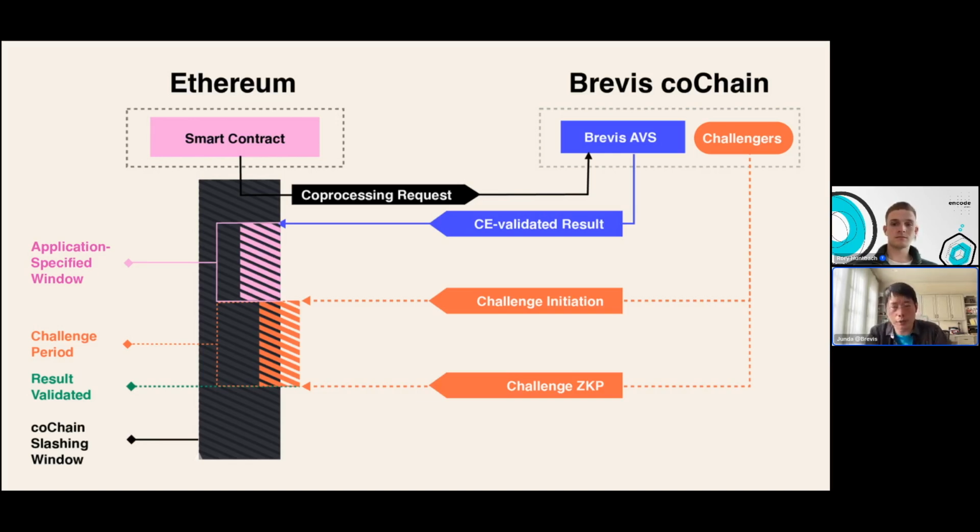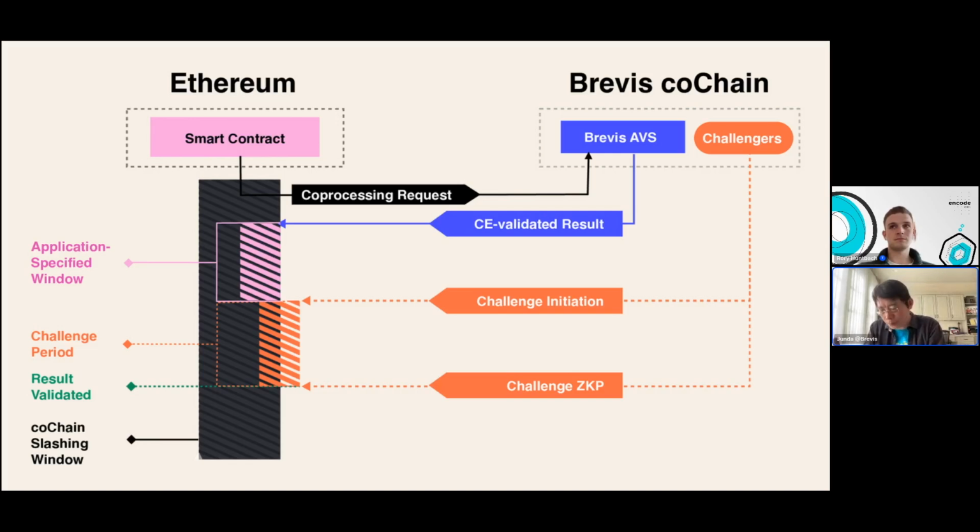As I mentioned earlier, this window is dApp-adjustable. Say you are giving different users a different NFT based on their number of transactions. It's up to the developer to decide how bad it is if I get it wrong. If I'm just giving one more NFT, then you can reduce the window to get more liveness.